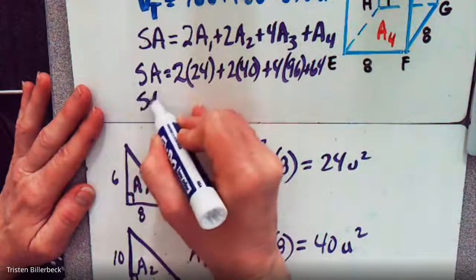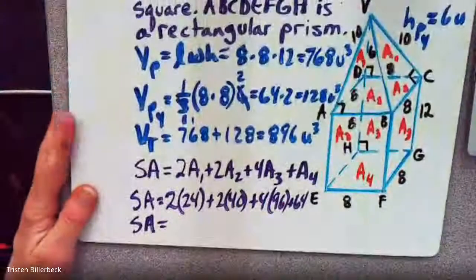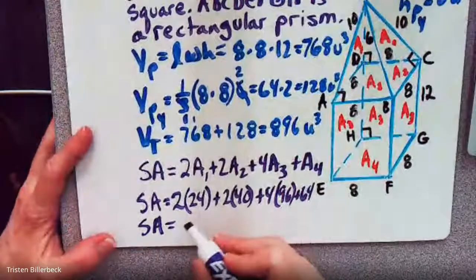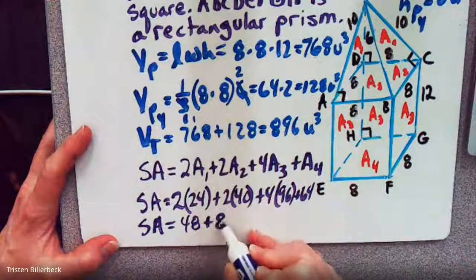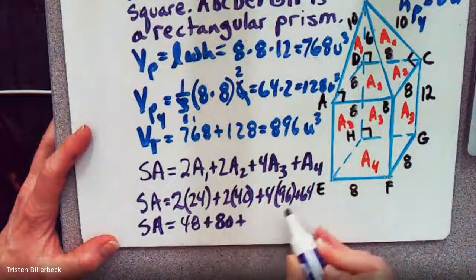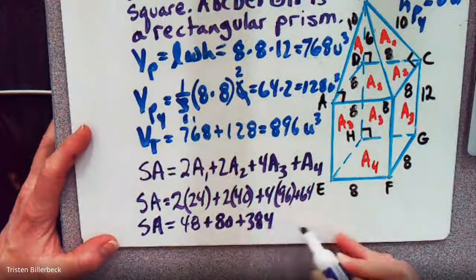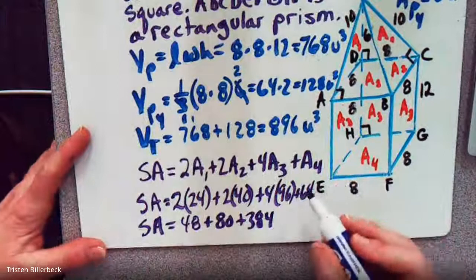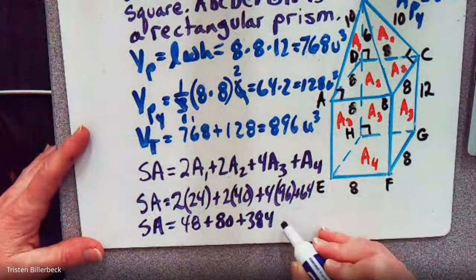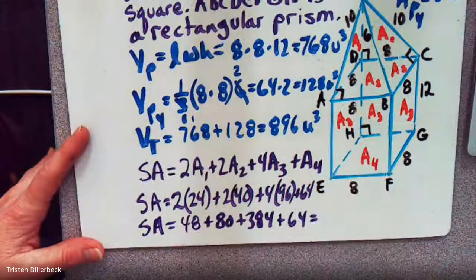So we have a surface area then of 48 plus 80 plus 384. Okay, plus 64.